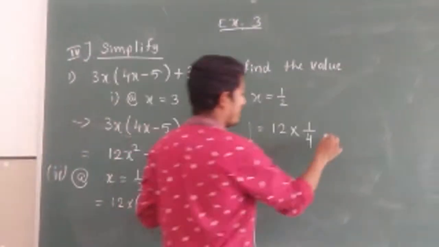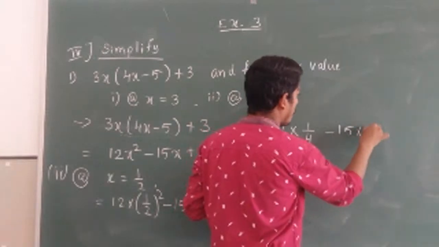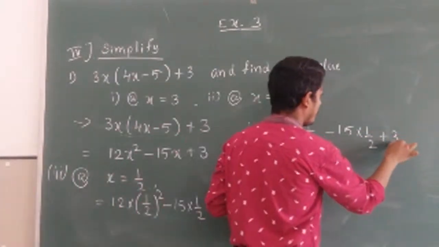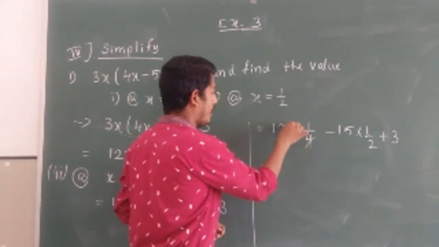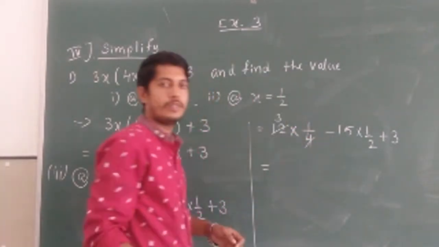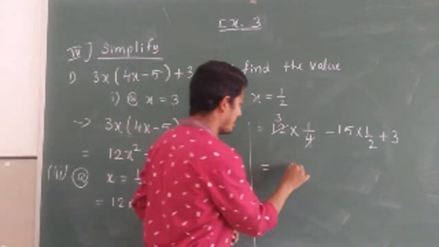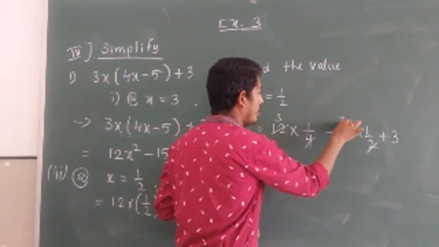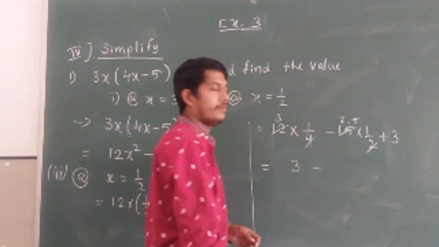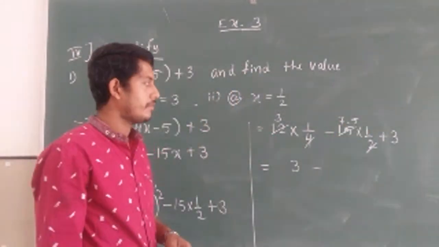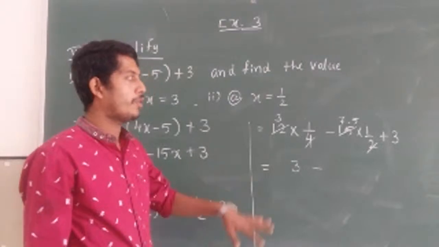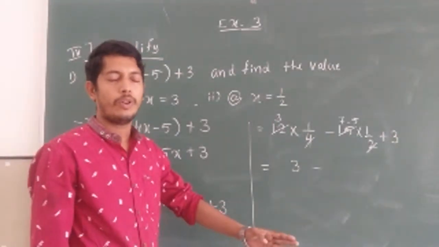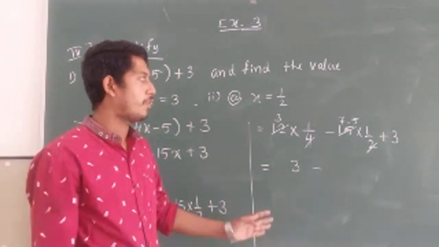Minus 15 into 1 by 2 plus 3. So 4 threes are 12, so the answer is 3. Then minus 15 by 2 is 7.5. 7.5 times 2 is 15, because 7 2s are 14 and 0.5 becomes 1, so 14 plus 1 is 15.